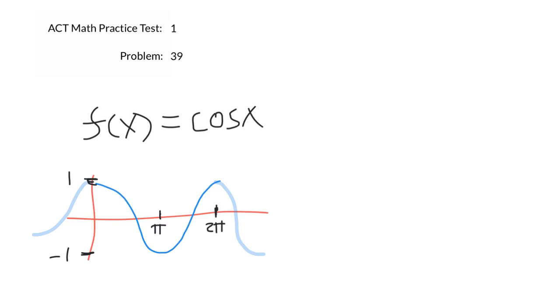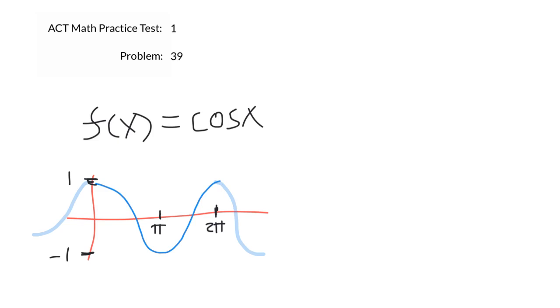Another way of saying it, some books, including some ACT practice tests, will say it's half the distance between the max and min. So if you took the max, which is 1, and subtracted -1, 1 minus -1 is 2, so half of that is 1, so therefore the amplitude of this is 1.